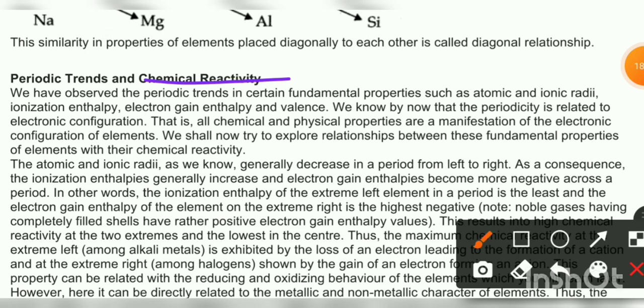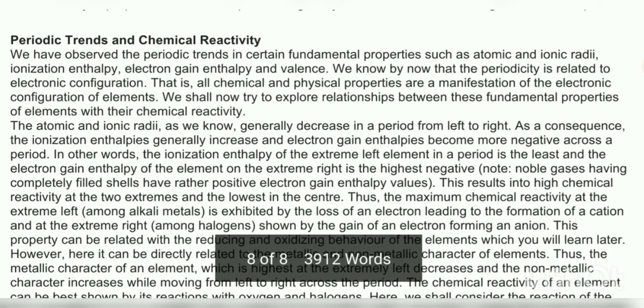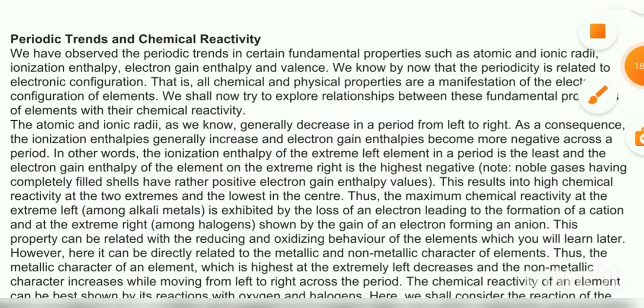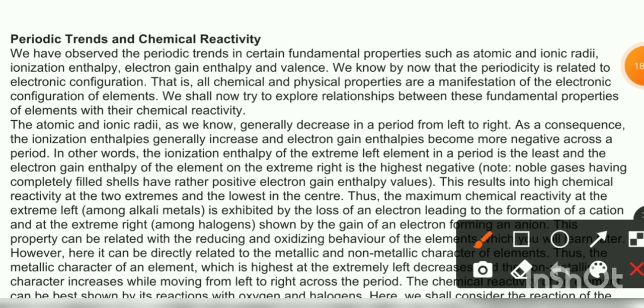Another important concept of periodicity is chemical properties or chemical reactivity. The reactivity depends upon the stability as well as the electronic configuration. Again we observe the importance of electronic configuration here. Based on the electronic configuration, or the variation in the electronic configuration, that leads to variation of ionic radii, ionization enthalpy, electron gain enthalpy, and the valency.